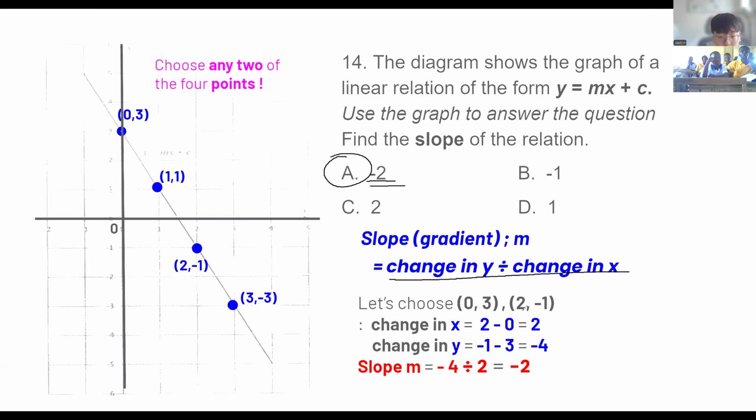So the change of x is just 2. Oh, I think they chose these 2 points, but 0, 3 and 1, 1 works as well. I don't know why they chose this point, but if we choose 0, 3 and 1, 1, as it moves 1 to the right, it goes down by 2, right?